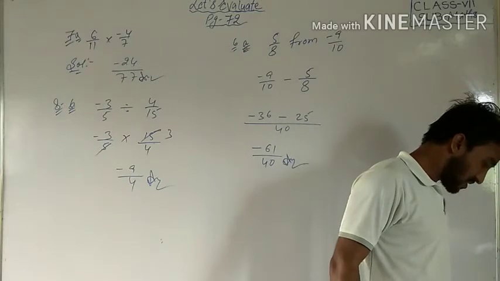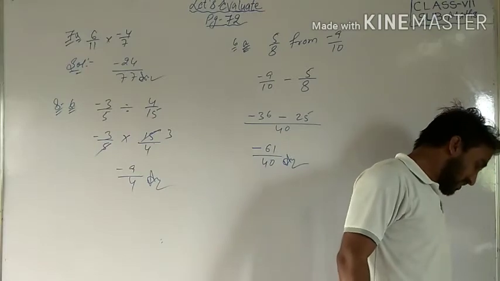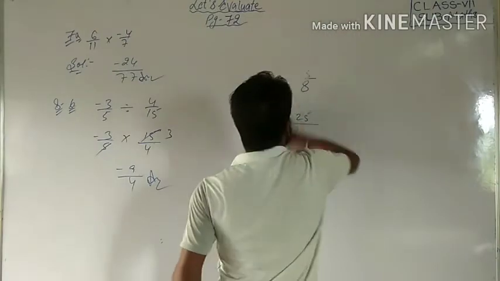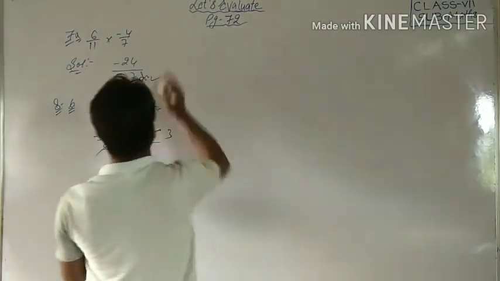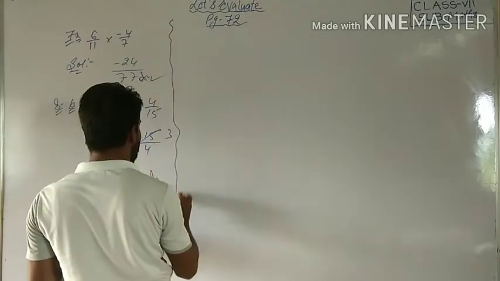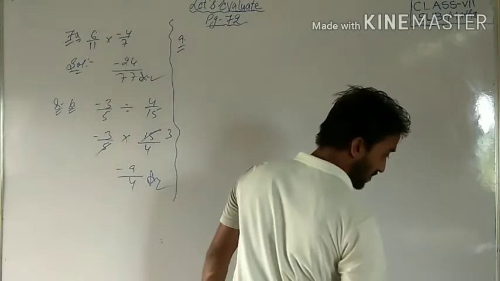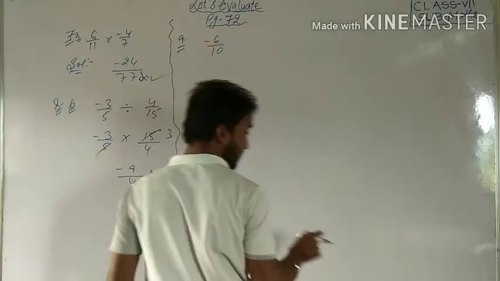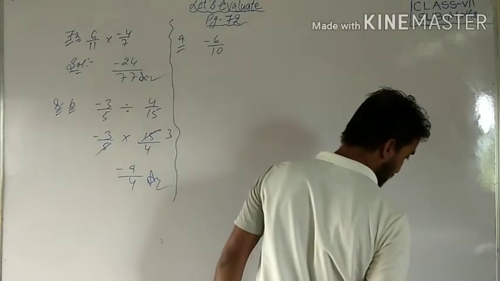Question number 9 says express minus 6 by 10 as a rational number with the numerator 18. So students, we will consider question number 9. The fraction given is minus 6 by 10, and the numerator is 18.